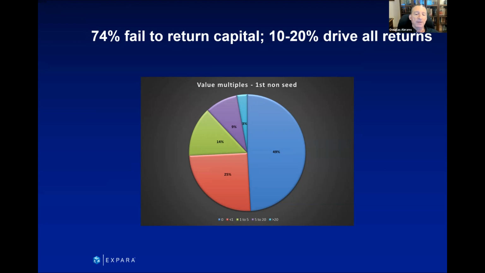And then you have another big slice, 1 to 5x, which is well below the 30x we need to drive all of our overall returns. And then the group that's delivering greater than 20x is only 3%. So in most venture capital funds, that'll be 1, 2, or 3 investments that will drive almost all of the returns.